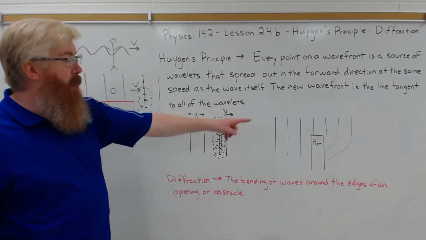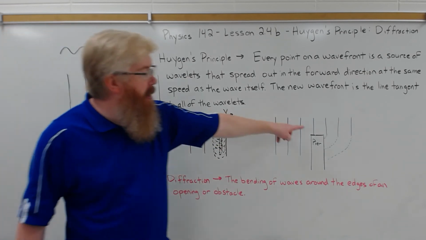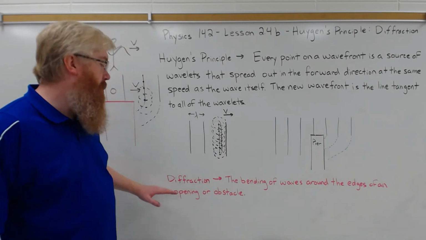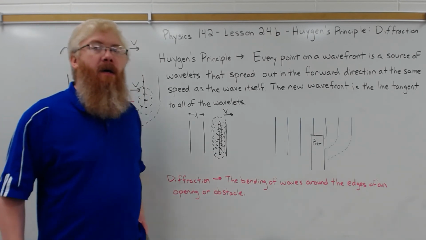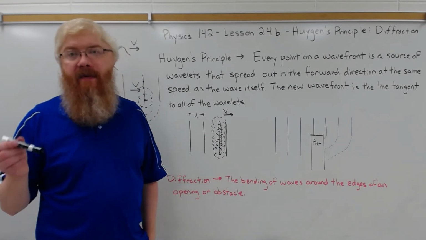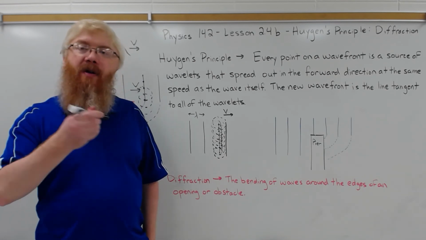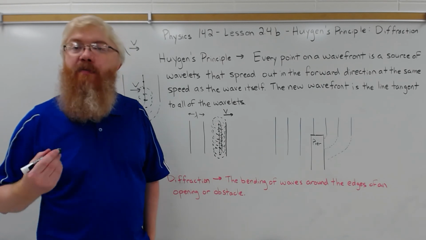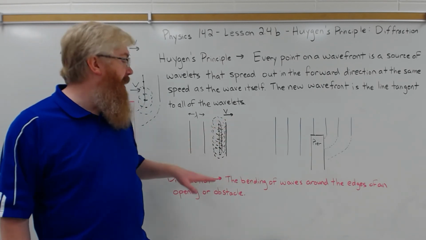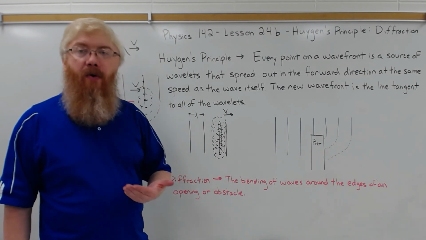The process by which the bending of light waves around an obstacle or an edge is called diffraction. So refraction, if you remember, is the bending of waves or light waves as it moves through material of a different index of refraction because the speed of light slows. Diffraction is the process of bending light around an edge or around a corner.